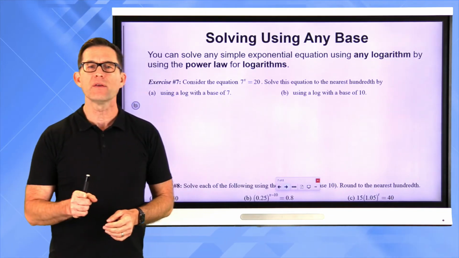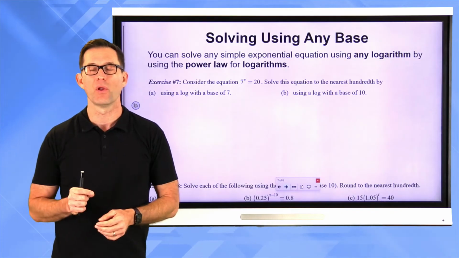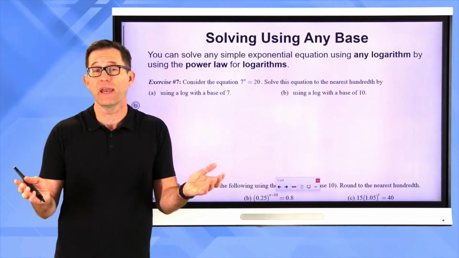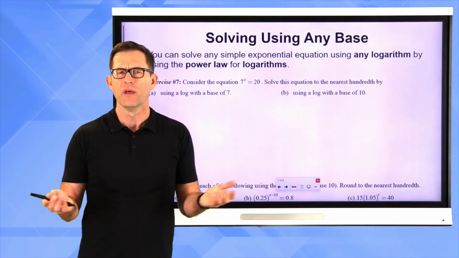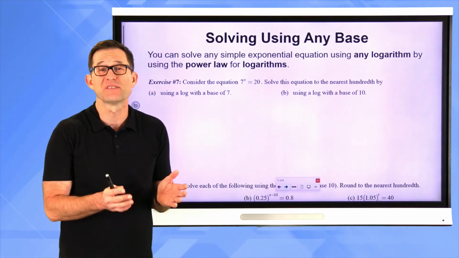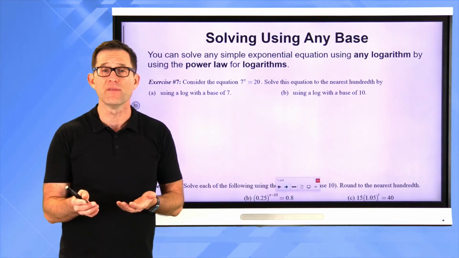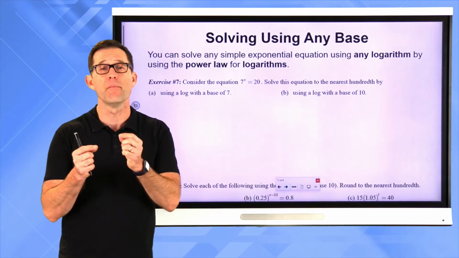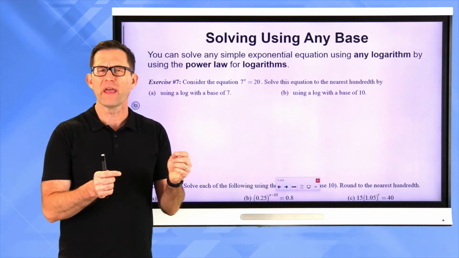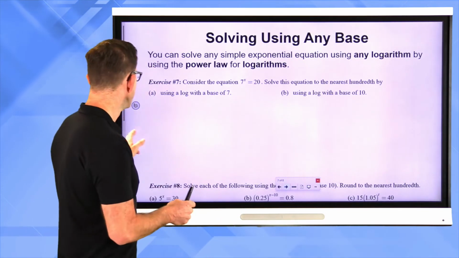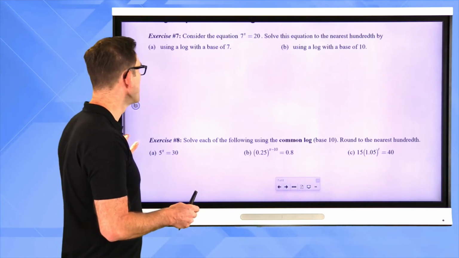But let's see how we can use that last logarithm law to solve any exponential equation using any base, which is a little weird because you naturally just want to use the base that is most appropriate. But strangely enough, it used to be that we only used either a base of 10 or a base that we're going to introduce in the next lesson in order to solve logarithms. So let's take a look at exercise number 7 and see how that's done.